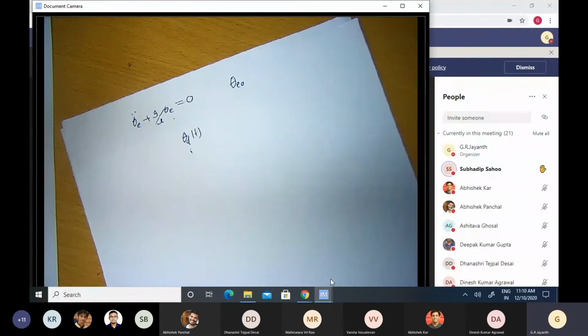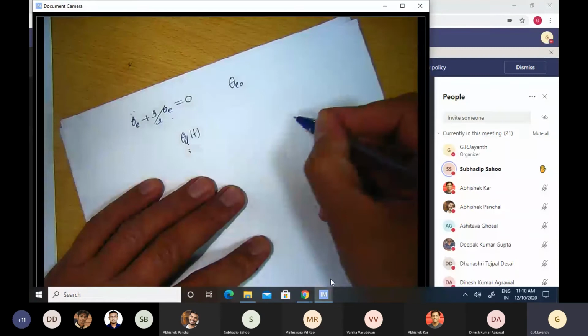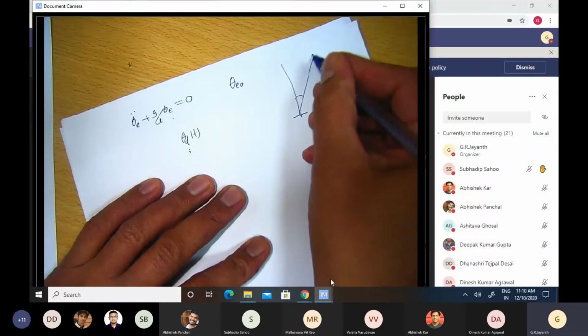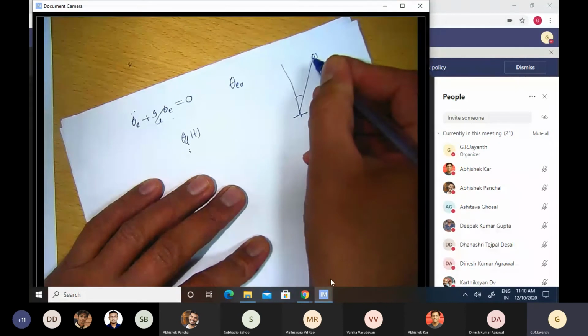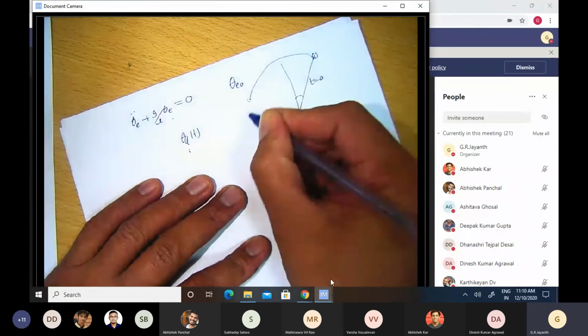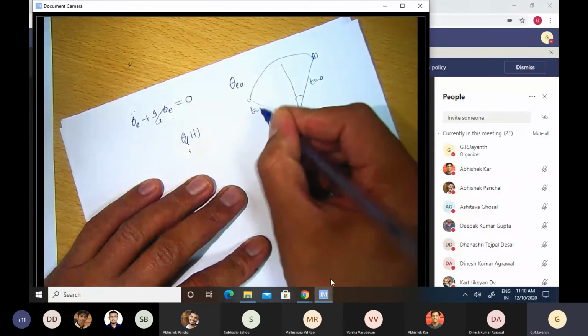That theta E naught, that term I could not follow, sir. But let us say, starting from this particular location, I want the end effector to be located here at time t equal to 0 and go to this particular location at time t equal to 1 second.